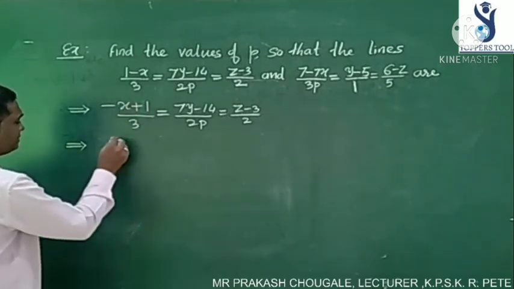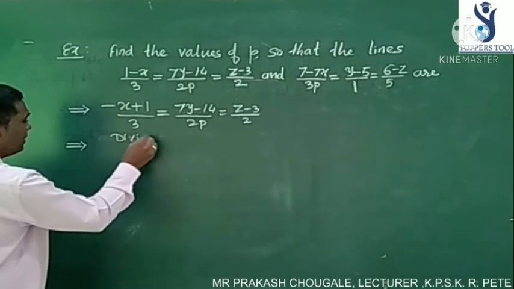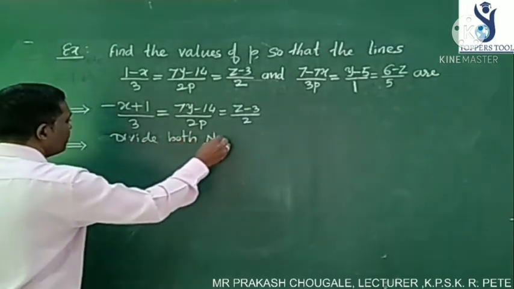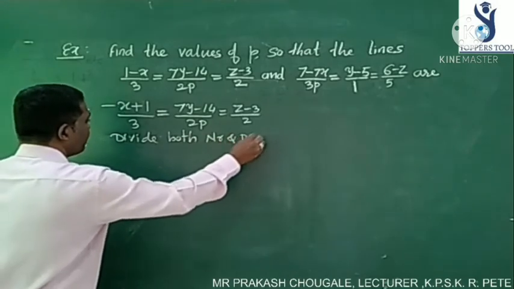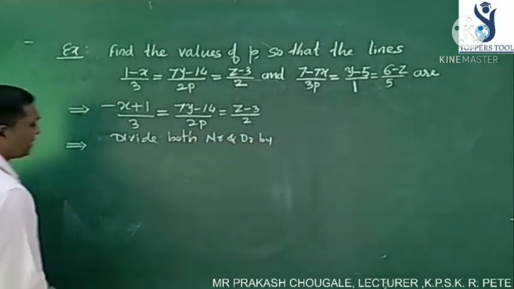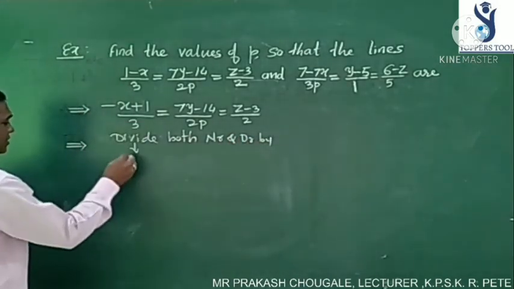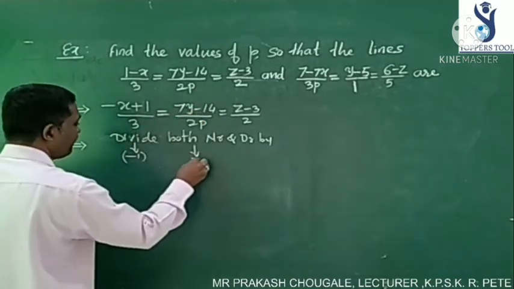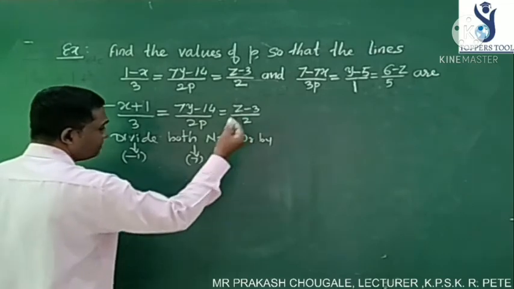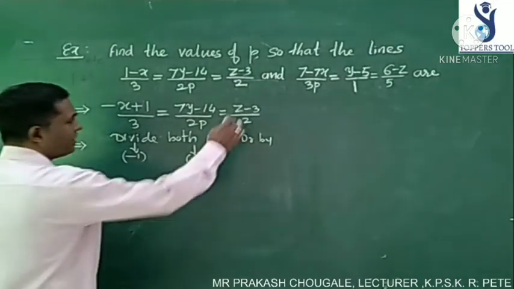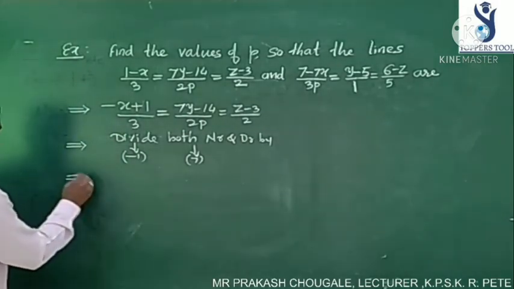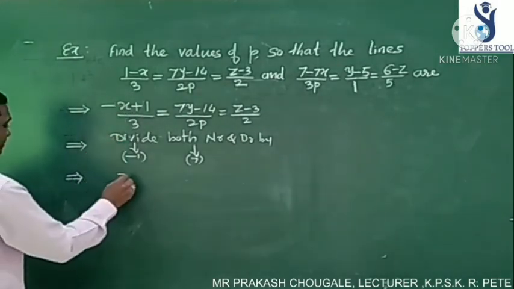I will write here: divide both numerator and denominator in the respective terms. In this term by minus 1, in this term by 7, in this term nothing, because the coefficient of z is 1 out there. So what you will get?